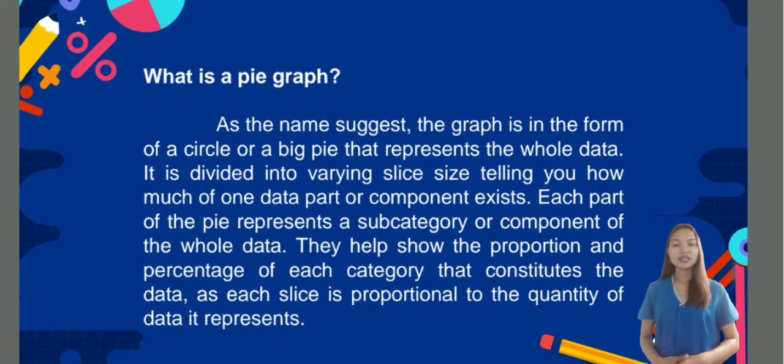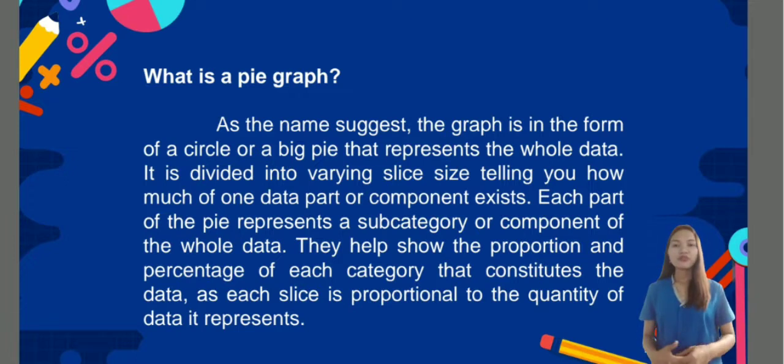Before anything else, class, we will define first what a pie graph is. As the name suggests, the graph is in the form of a circle or a big pie that represents the whole data. It is divided into varying slices, each size telling you how much of one data part or component exists.